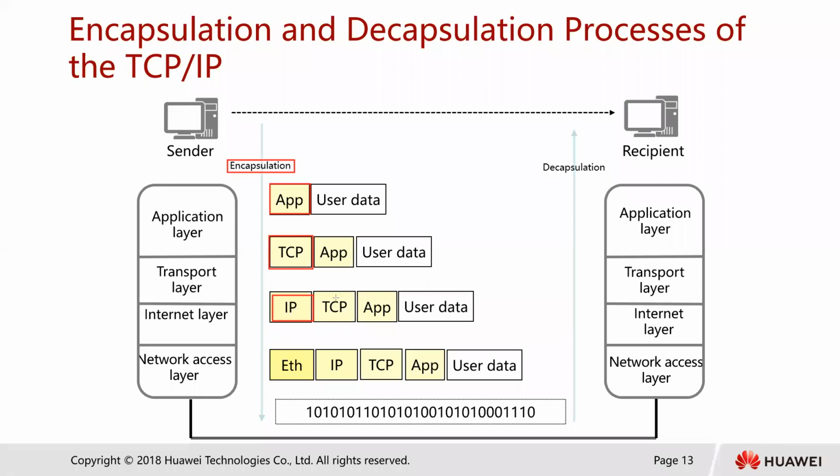After the data is processed by the internet layer, the data is transmitted to the network access layer, and the network access layer adds the protocols such as Ethernet, the ones we talked about, Ethernet 2 or 802.3 or other protocols, and then the data is finally transmitted to the destination as a bit stream.